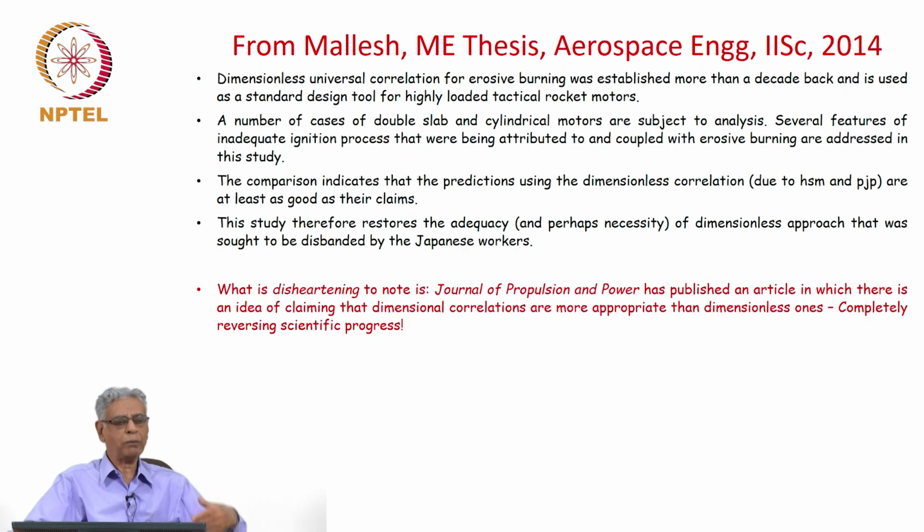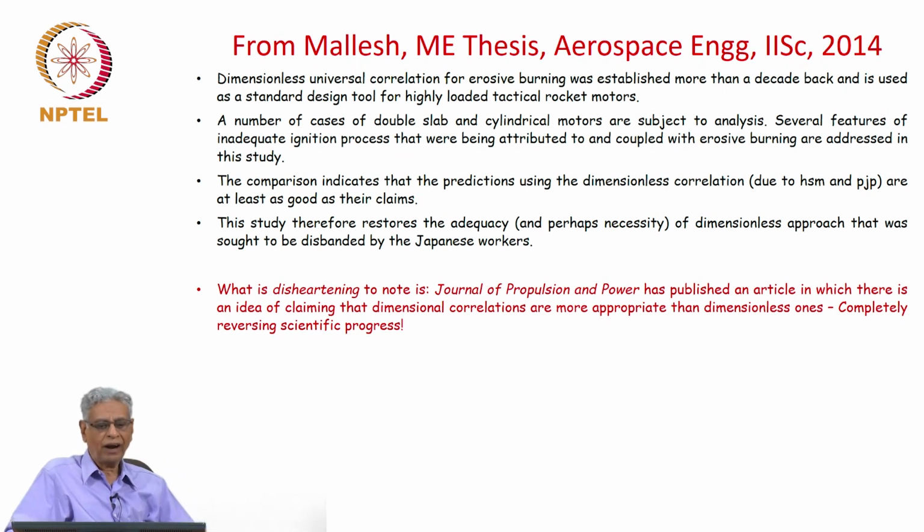So there is somebody who came and joined to do ME, a piece of ME research, and when the analysis was done, we tracked down the reasons why there are errors, not errors, differences in the results of the Japanese workers.